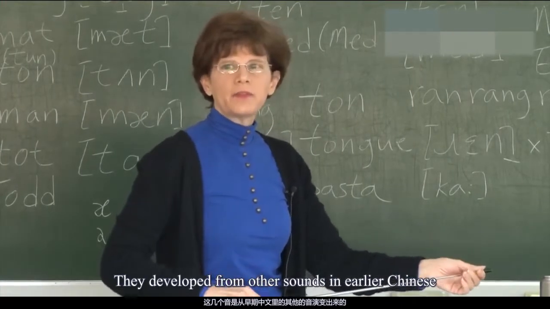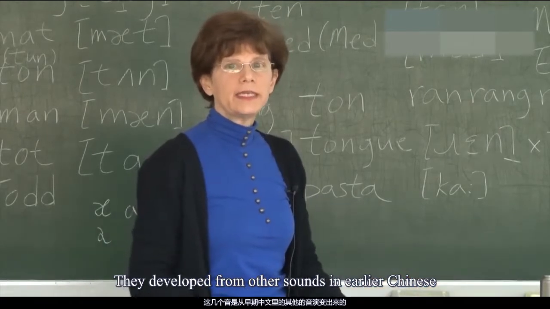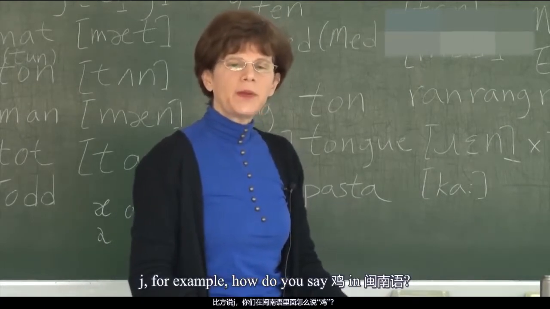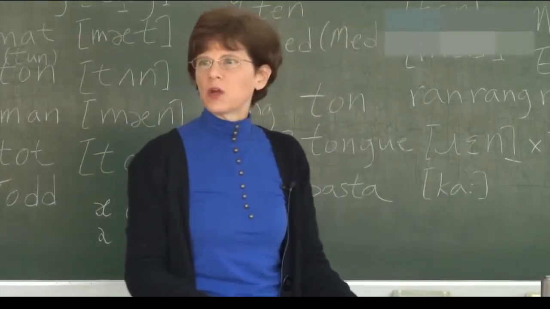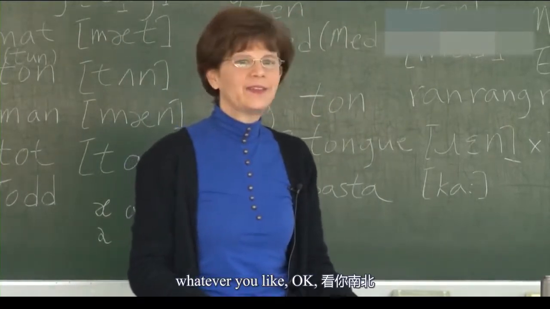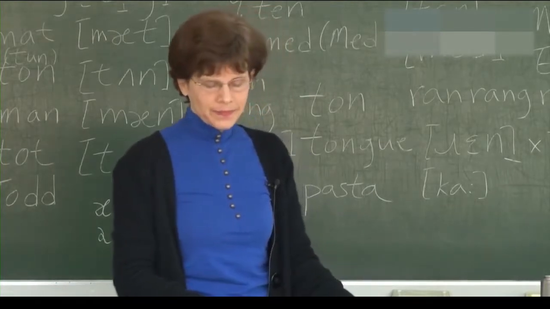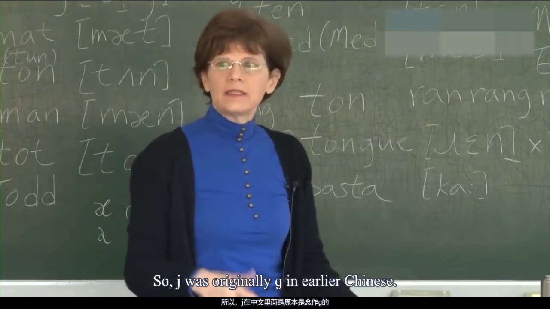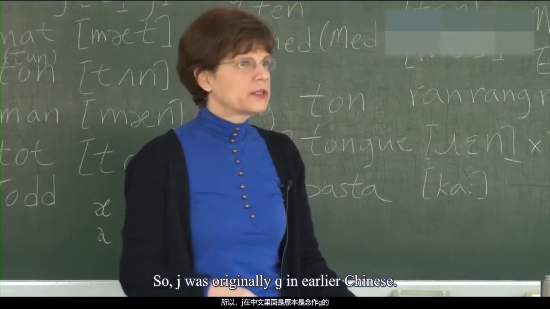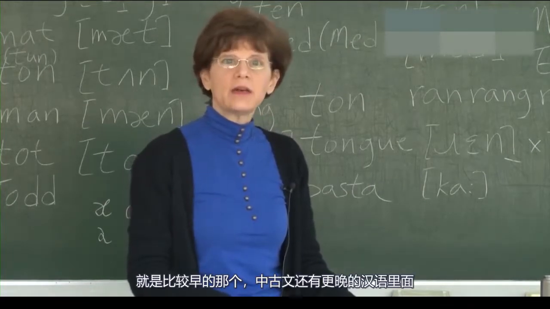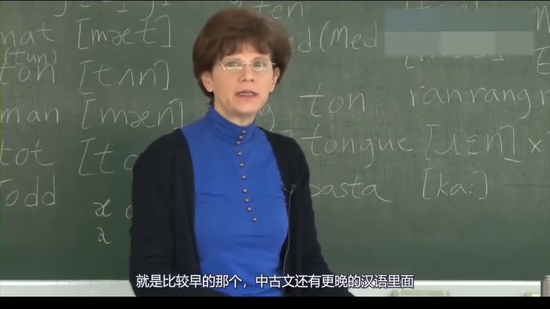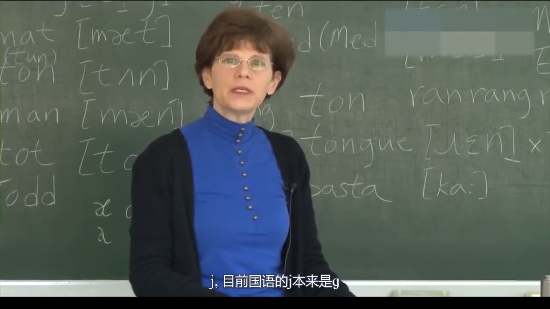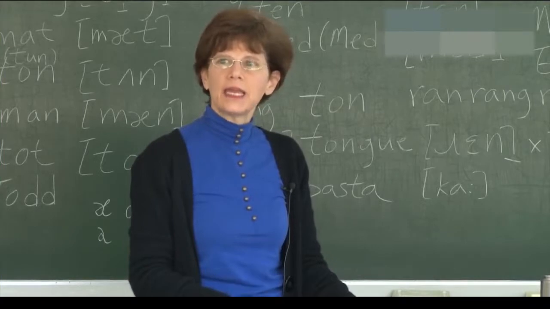They developed from other sounds in earlier Chinese. 鸡, for example, how do you say 鸡 in 闽南语? Gay or gui, whatever you like, okay, 看你南北啊. So, 鸡 was originally ge in earlier Chinese. 就是比较早的那个中古啊，还有更晚的那个汉语里面，鸡目前国语的鸡本来是 ge, gay, gui.